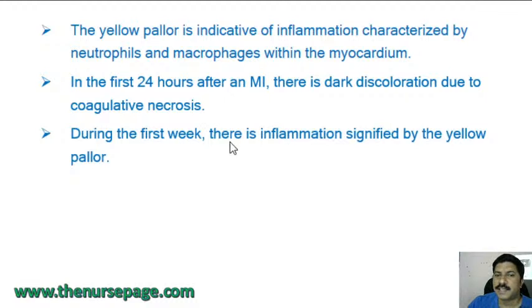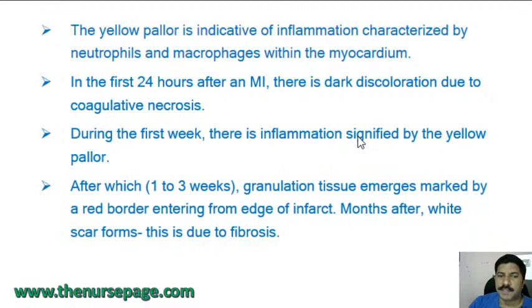During the first week, there is inflammation signified by the yellow pallor, after which, at 1 to 3 weeks, granulation tissue emerges, marked by a red border entering from the edge of the infarct. Months after, a white scar forms. This is due to fibrosis. So these are the pathology of myocardial infarction, healing with fibrous tissue.